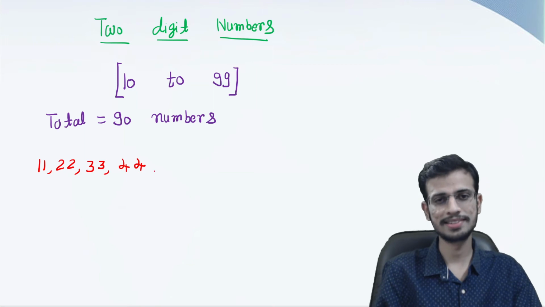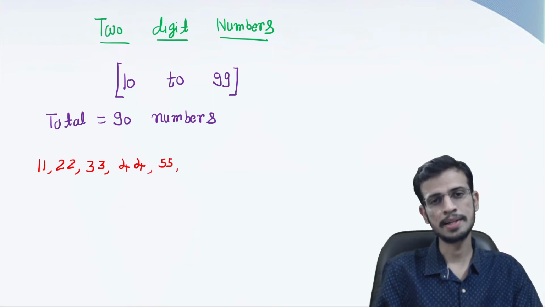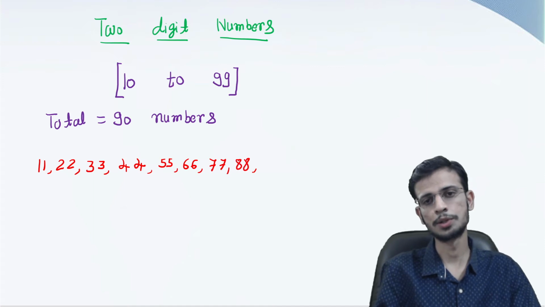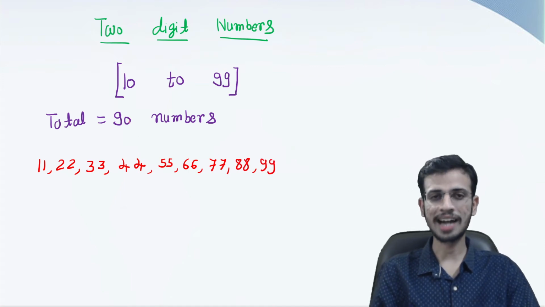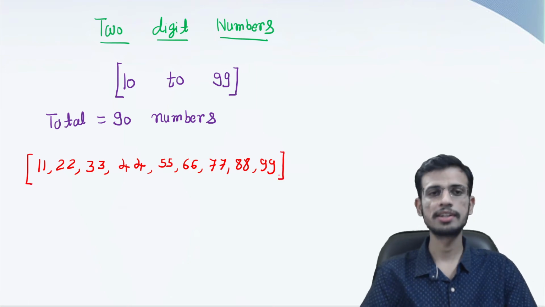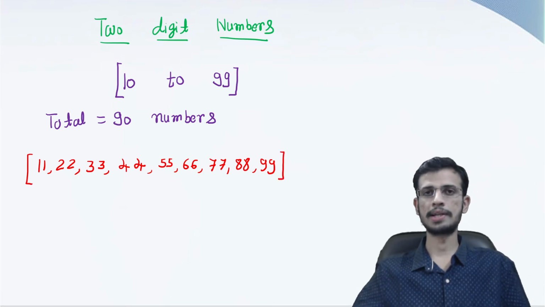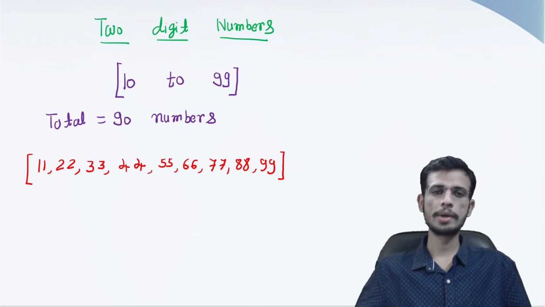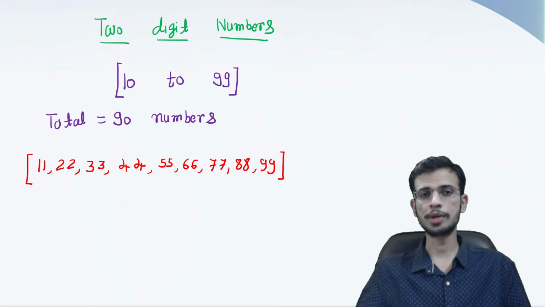In these numbers, units and tens places are the same. Out of these 90 numbers, how many two-digit numbers are there in which units and tens places are the same?